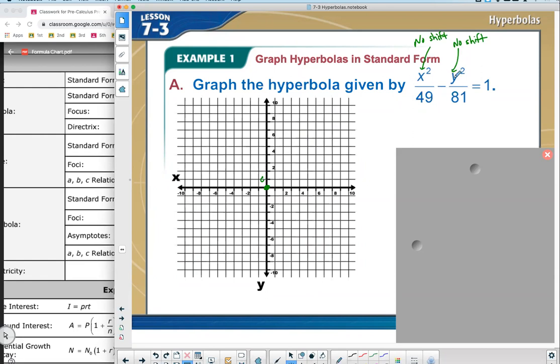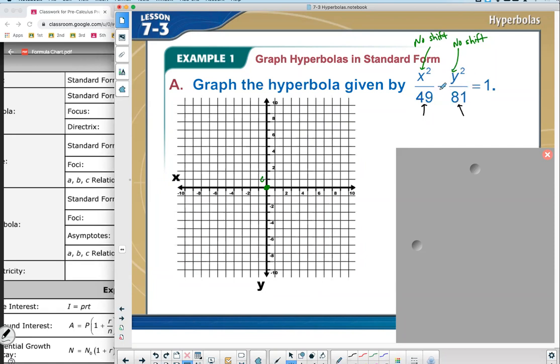The shifts would come in the numerator with the x and y, but there's no number there, so there's no shift. It's at the origin. The next thing, again like an ellipse, is that the value that appears to be greater is your a squared. Now, here's what's tricky: when you look at 49 compared to 81, you'd say 81 is the larger number.